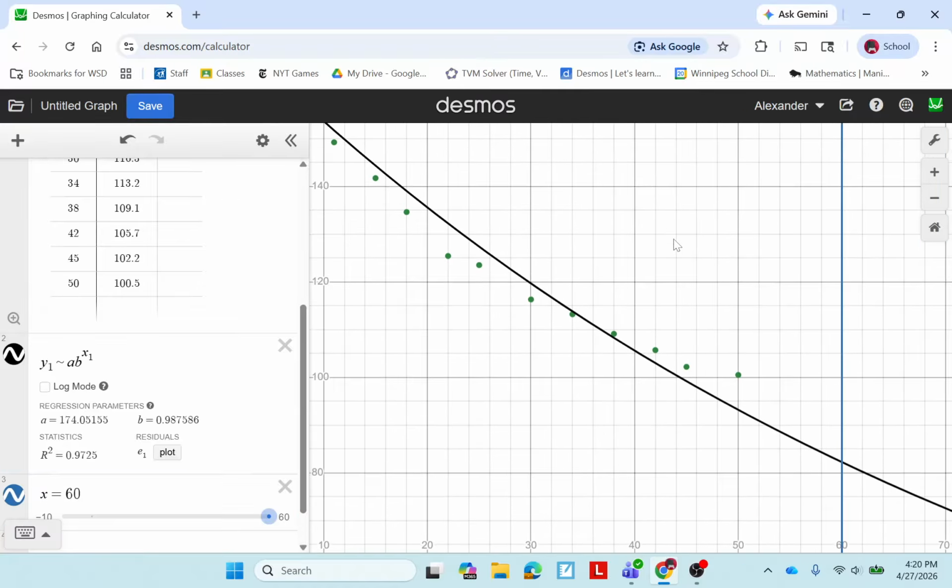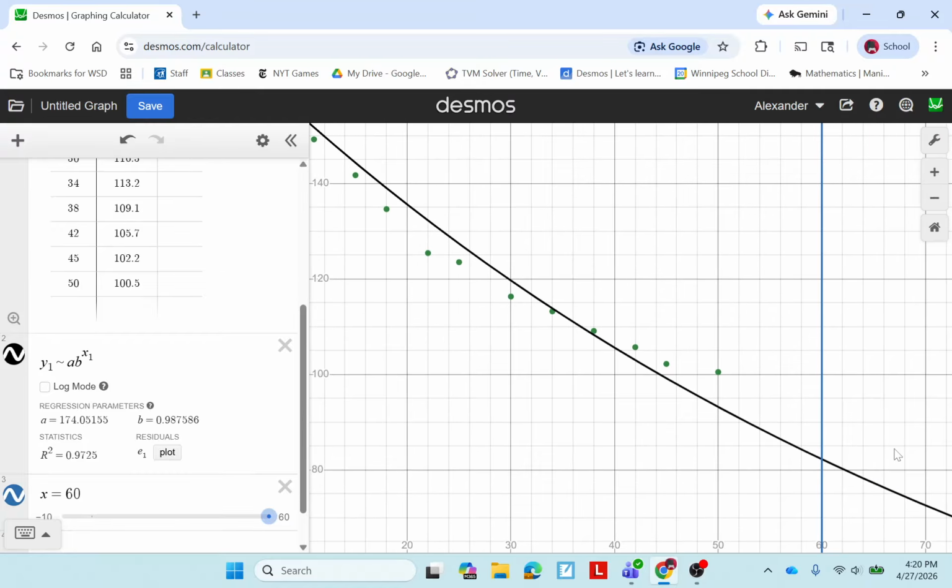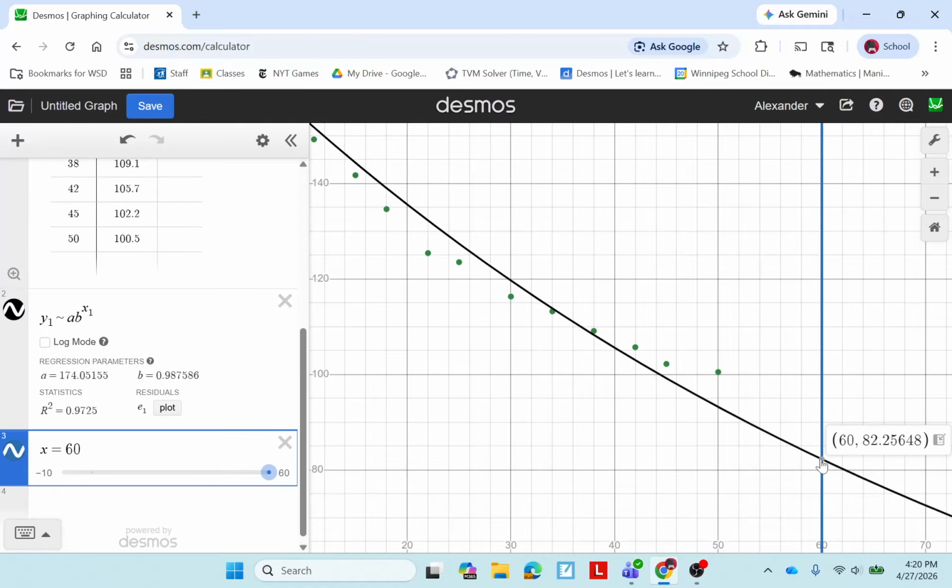We're going to have to move our graph around because when we adjusted our window, we didn't leave room for x is equal to 60. When we click on that intersection point, the predicted temperature would be 82.26 degrees Fahrenheit. And again, we're not just interested in what the number is, you have to also include the units of whatever it is that the question is asking you.